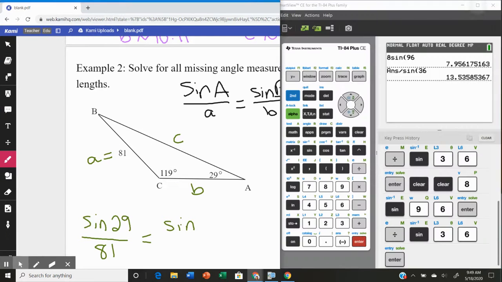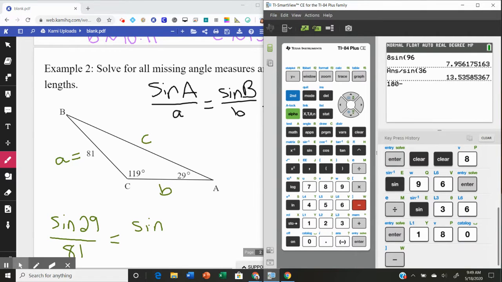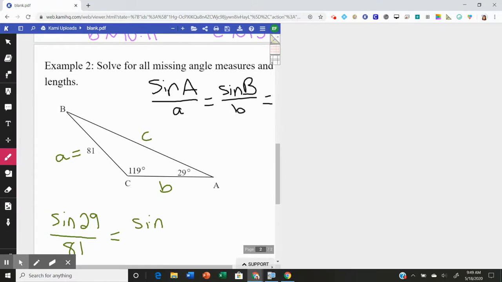I know I have two angles, and I could figure out the last one. So 180 degrees, subtract my 119, subtract my 29, gives me the measure of angle B at 32 degrees.